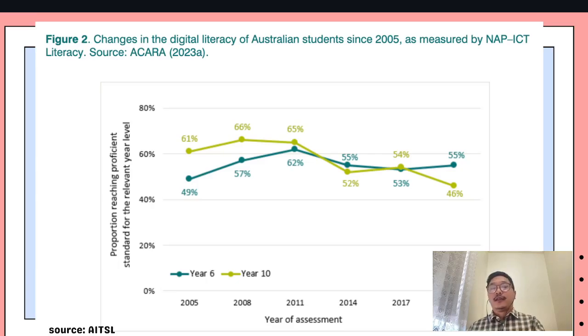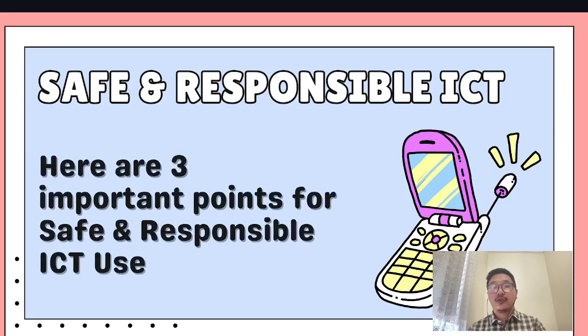So it's not a very good picture, even though you feel that the current generation is very digital savvy. So we need to make sure that we're constantly thinking about how they're benefiting from these ICT tools.